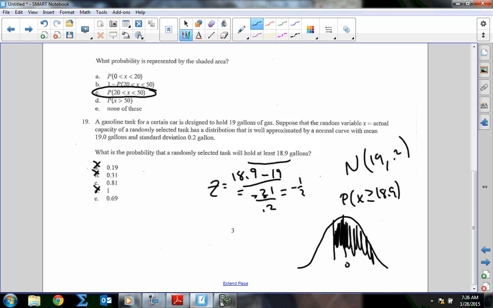So I'm going to grab table A, and I'm going to guess that it's going to tell me it's 0.69. And I'm going to do that trick again where instead of looking up the negative and subtracting, I'm going to look up the positive, because it's symmetrical. Anyway, that was a long way to tell you that the answer was E, 0.69.